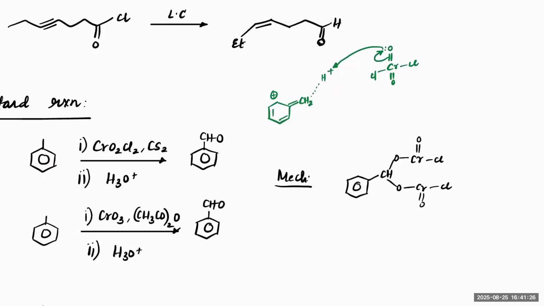When chromium gets positive charge, right, then this carbon which is having a pi bond here will attack on this chromium. Clear? Sorry, not on chromium. Here like this. This will attack on this oxygen, which is making a double bonded form here, so that these electrons can move towards chromium.